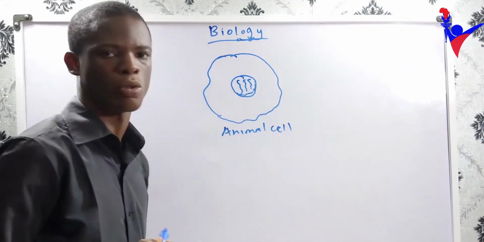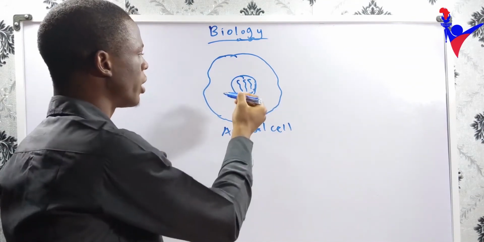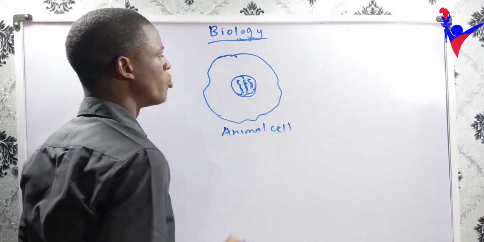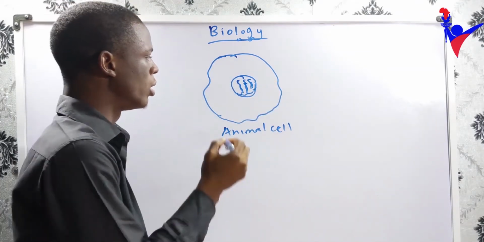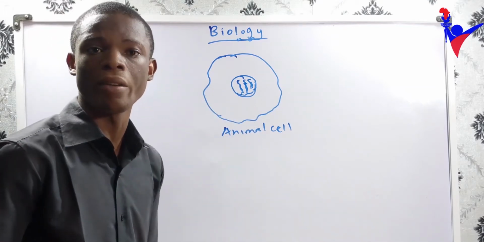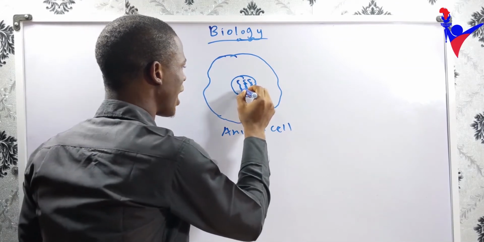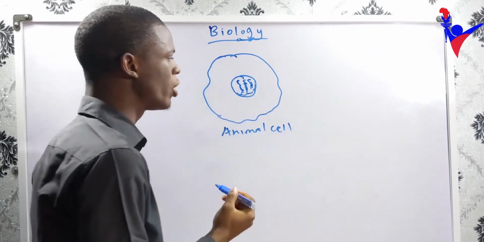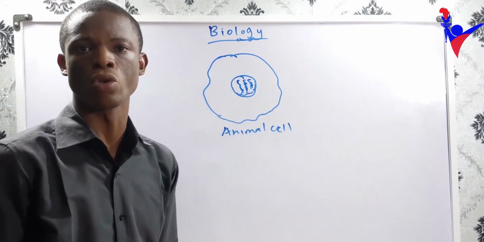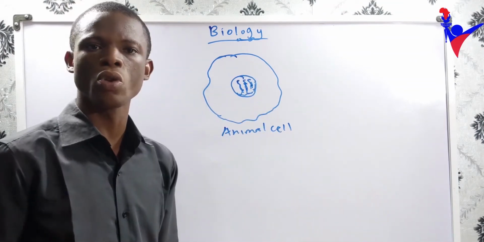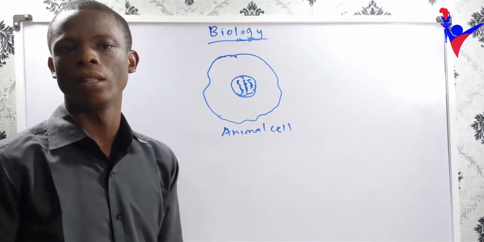Chromosomes are spindle-like structures inside the nucleus, and on these chromosomes the units of inheritance, which are the genes, are located. The chromosome is found in the nucleus, in both animal cells and plant cells.